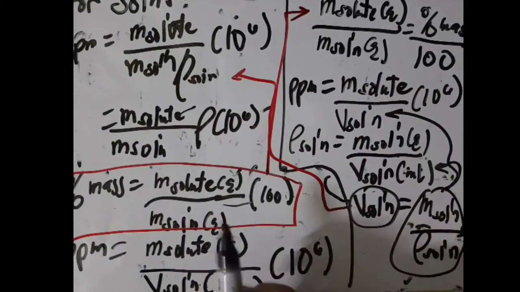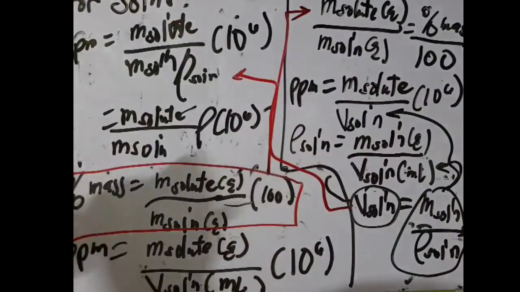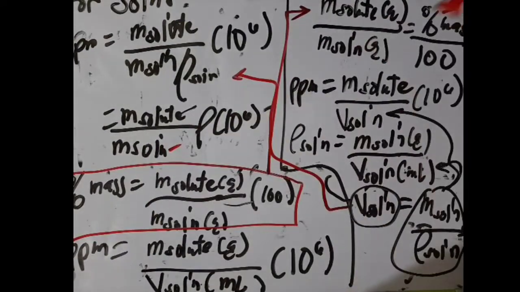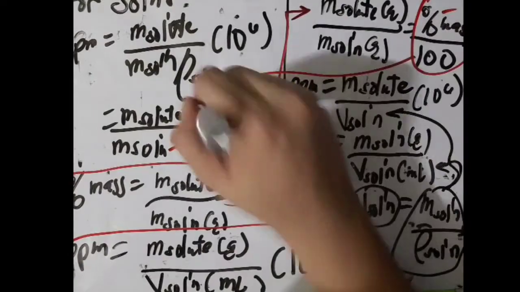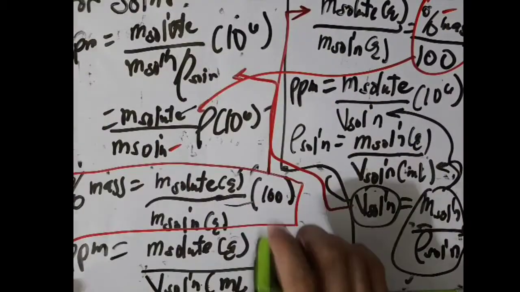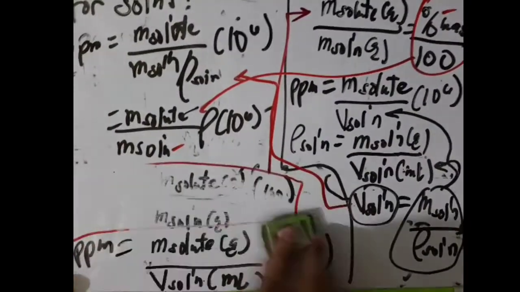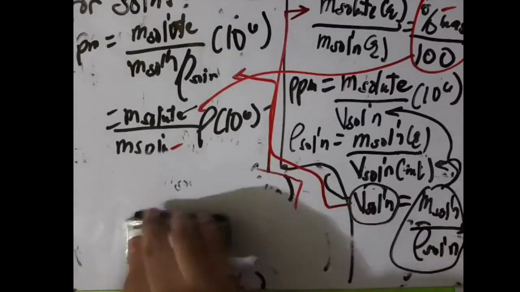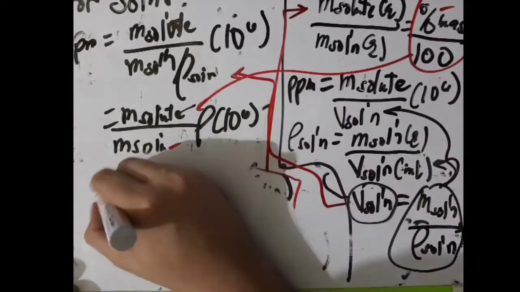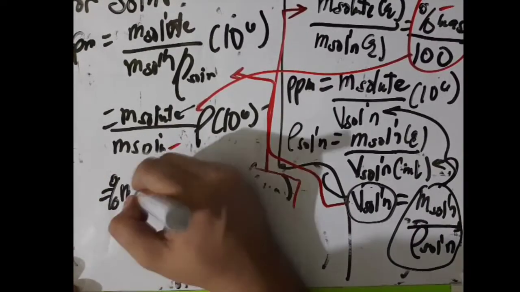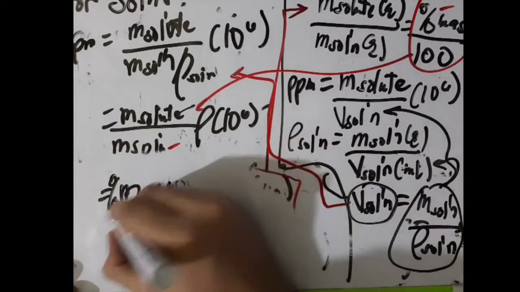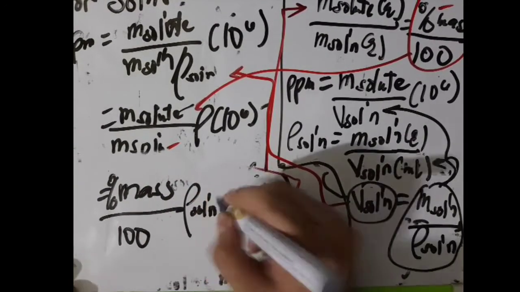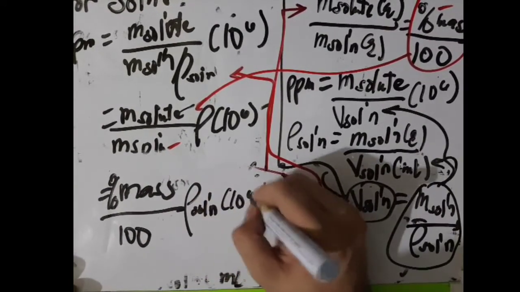Since we have shown that this one is equal to this one, we substitute this expression to here, which will eventually yield percent mass divided by 100 multiplied by the density of this solution times 10 to the 6th.